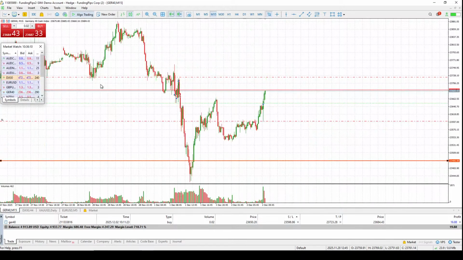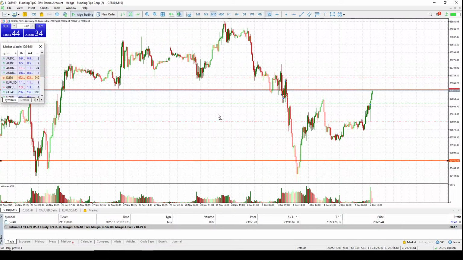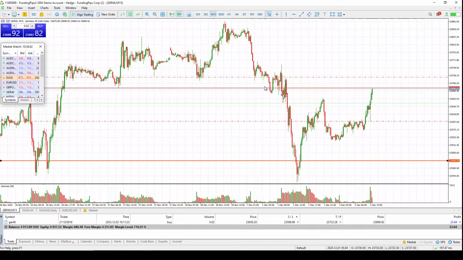As you can see, the price was chopping at this level for so long, went above, tapped it here, back again. When you see a level with a lot of choppy candles, it means there are a lot of buyers and sellers on that level, and the price always tries to visit those levels again, because that's where the liquidity is, where people are buying and selling, the same as this area here.